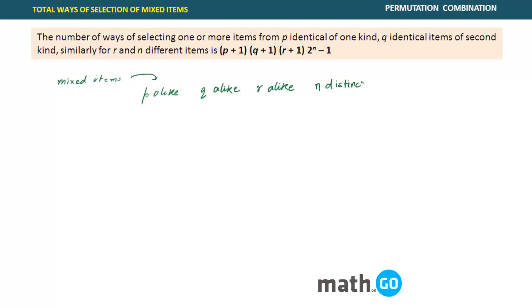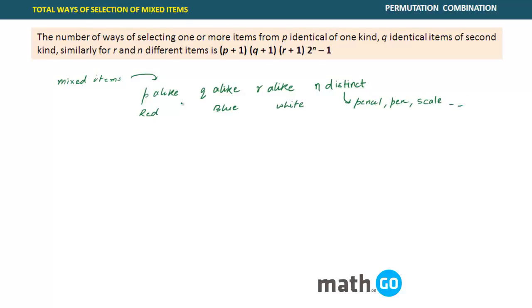So in a bag there are various things, and they are n distinct objects. It might not be balls, but different items, right? You can say a pencil, a pen, a scale, whatever you want. There are various things in the bag, but there are n of them which are all different.